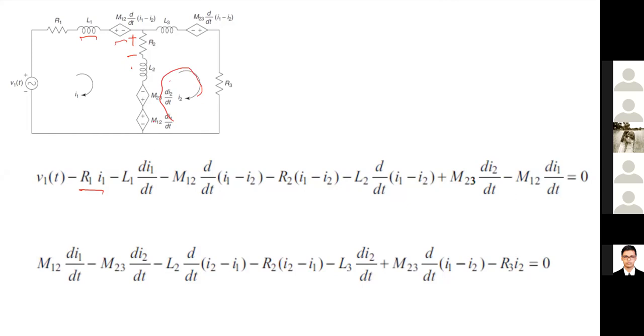There's a voltage rise M12 dI1 by dt, a voltage drop minus M23 dI2 by dt, and a voltage drop because I'm assuming this is plus and this is minus: minus L2 d by dt of (I2 minus I1), minus R2 (I2 minus I1), minus L3 dI2 by dt, plus M23 d by dt of (I1 minus I2), minus R3 I2, equal to 0. So let us understand this problem clearly.